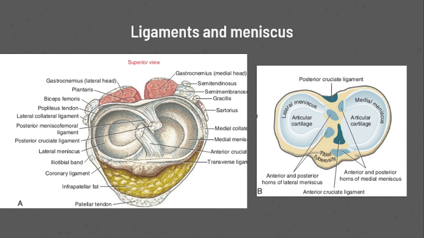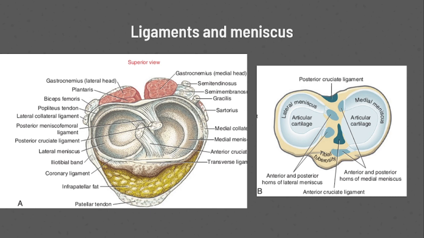Also, it has a periphery. We note that the only part of the meniscus that has a blood supply and sensory supply is the periphery, while the inner parts have their nutrients transferred by diffusion.